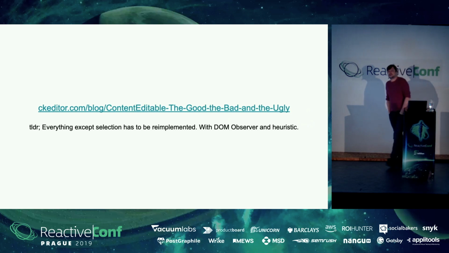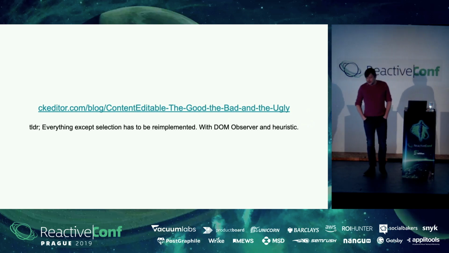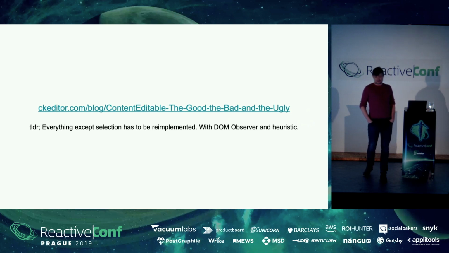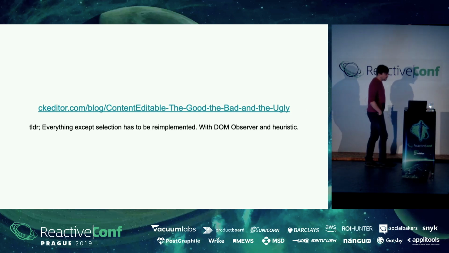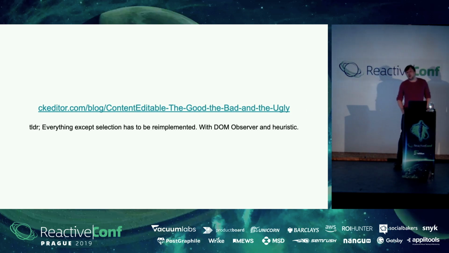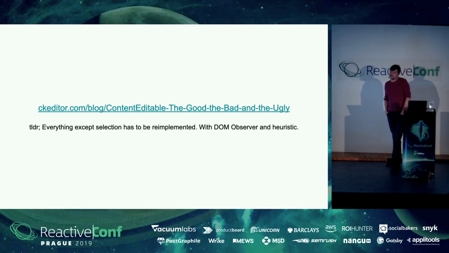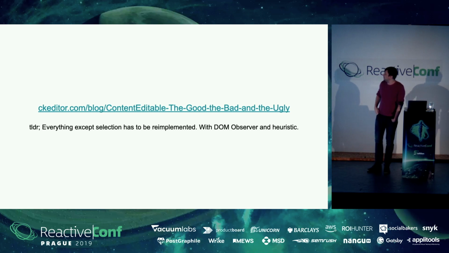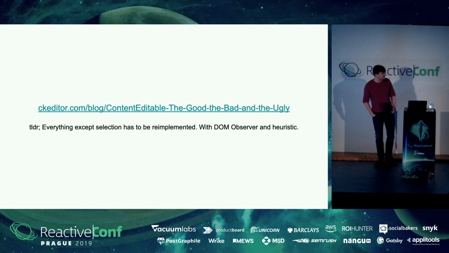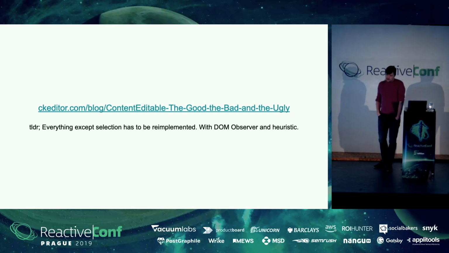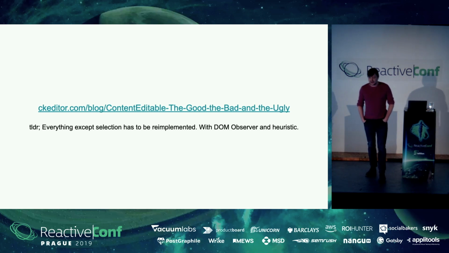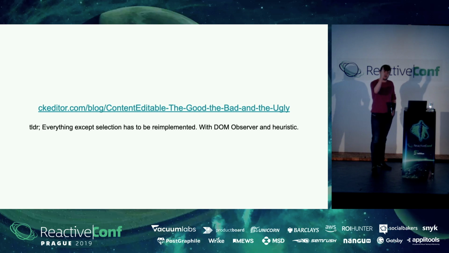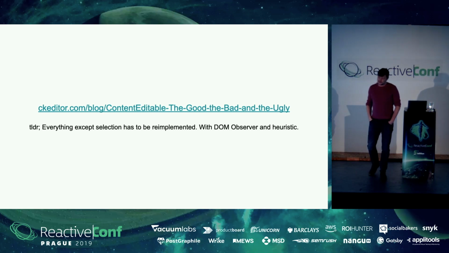This talk is not about all the details because we would spend several weeks here. But if you are interested in why making contenteditable is so hard, you can read this pretty good article. Too long, didn't read: everything except the selection API, which provides you the correct position, must be re-implemented.